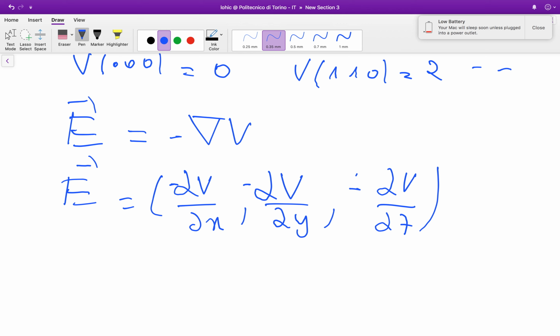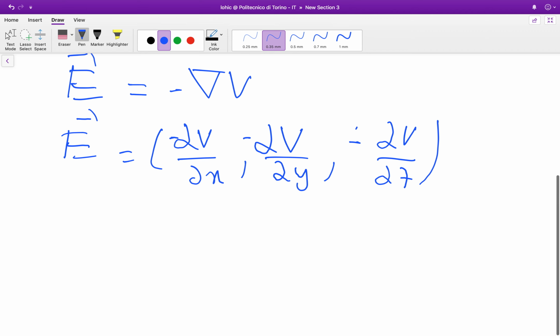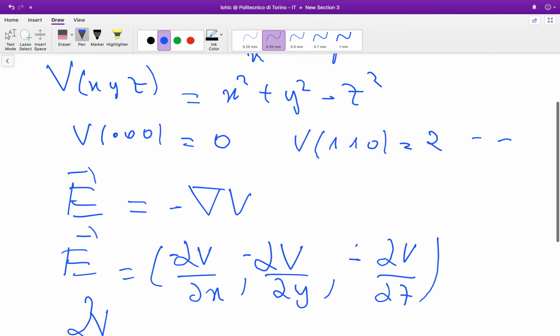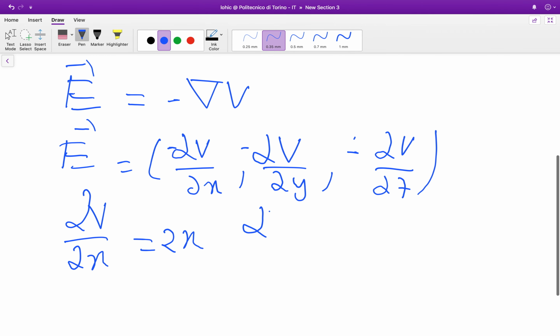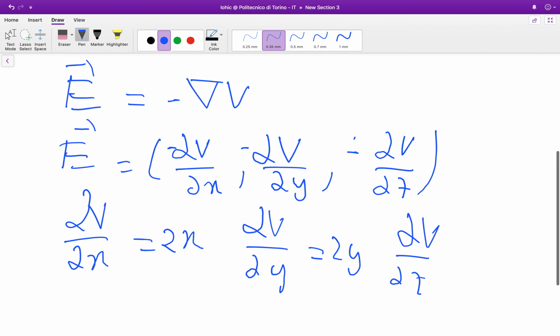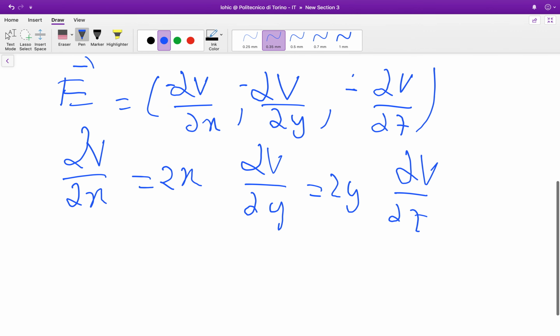Okay, so let's go and find such a gradient. For the given function, the derivative of V with respect to x will just be 2x, yes or not? The derivative of V with respect to y will be 2y, and the derivative of V with respect to z will be minus 2z.